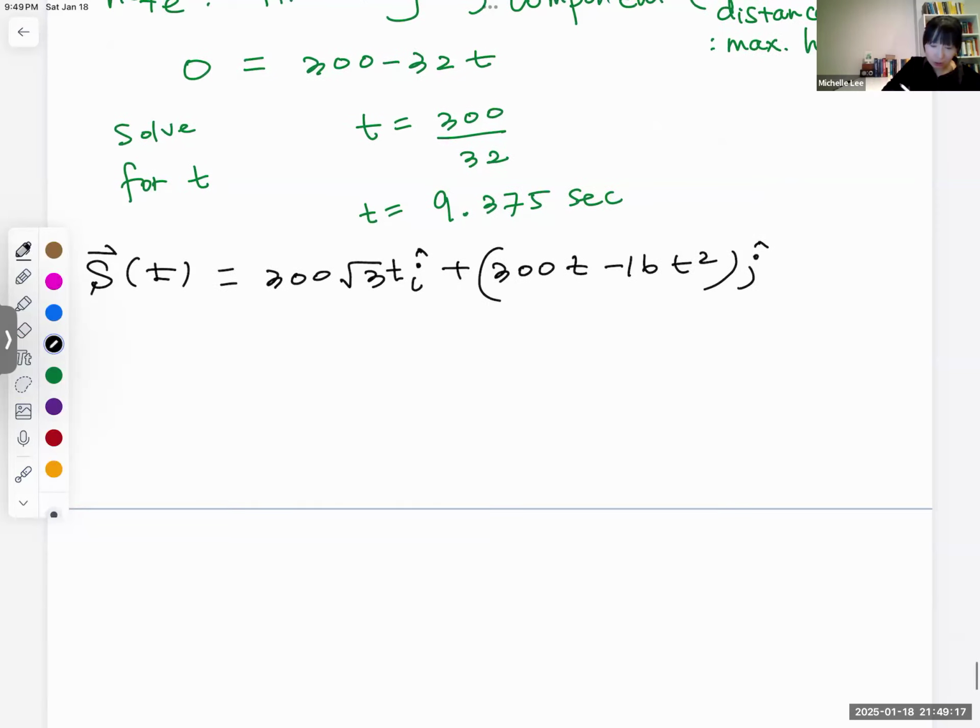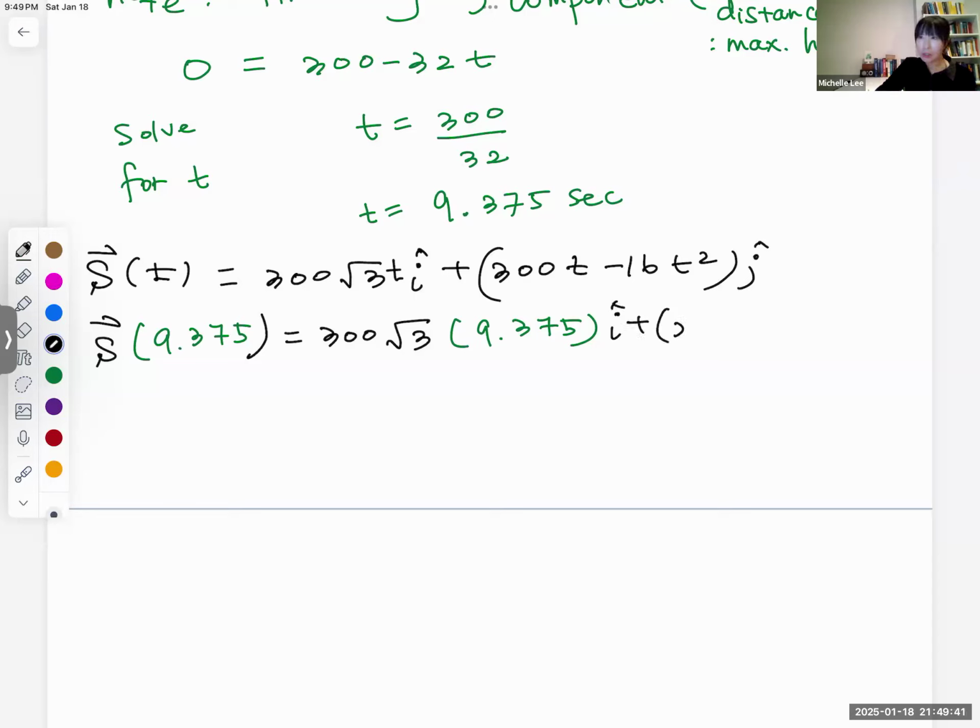So we substitute S of 9.375 equal to 300 square root of 3 times 9.375 i hat plus 300 times 9.375 minus 16 times 9.375 squared, and then j hat, right?